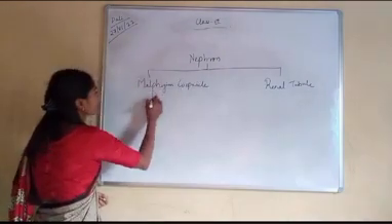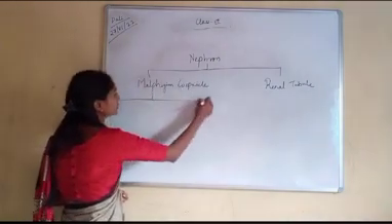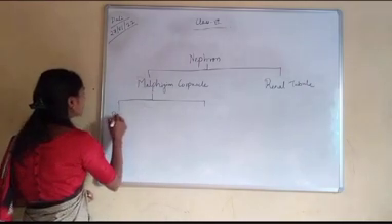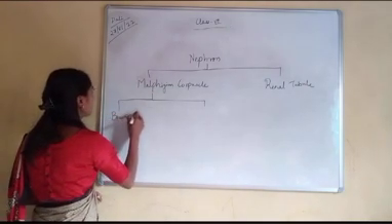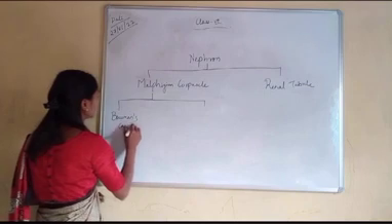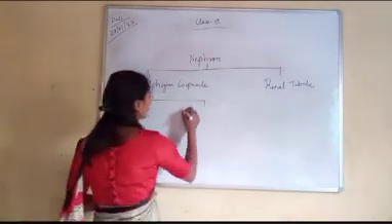This Malpighian corpuscle is again subdivided into two parts, that is your Bowman's capsule and glomerulus.